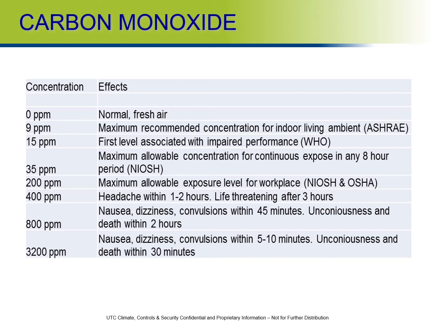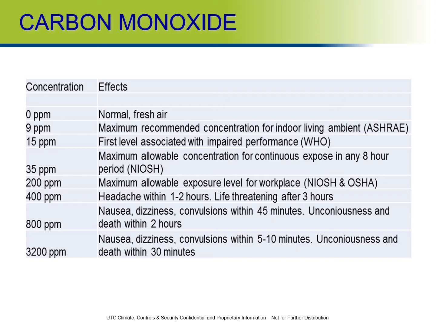So 0 parts per million would be normal fresh air. This is outdoor air, with no motor vehicles running or anything like that. At 9 parts per million, this is the maximum recommended concentration for indoor living, and this is based on an ASHRAE rule.